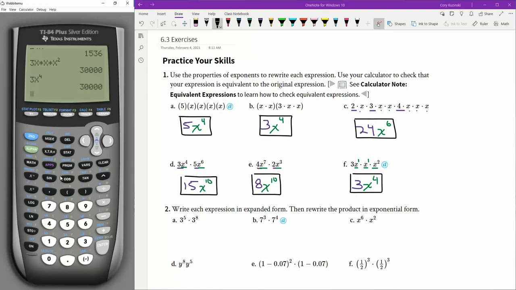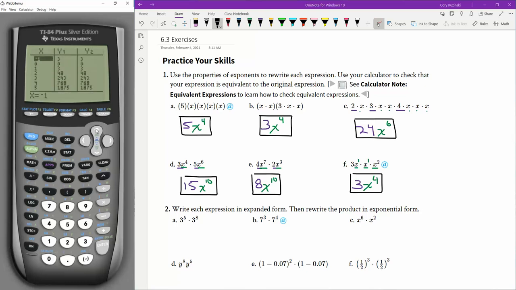Same thing, 30,000. Let's go to here, and we'll go 3 times x times x times x squared. And here we'll put our simplified 3x to the 4th. Check the table. It gives us the same tables.